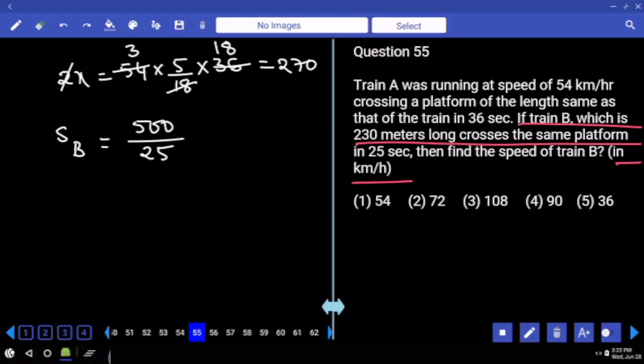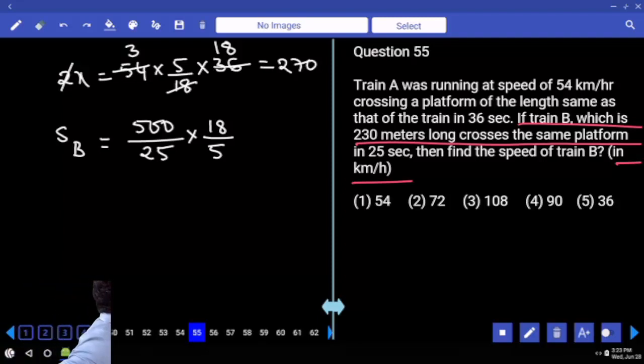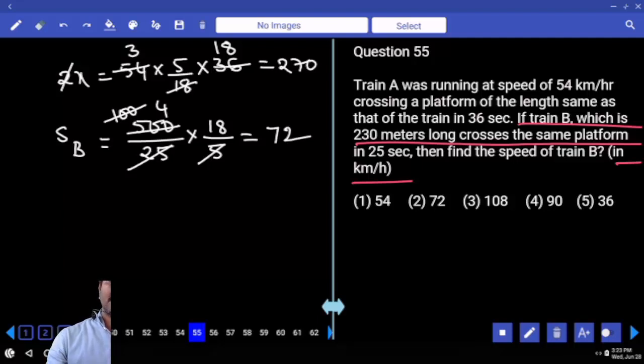Meters, in 25 seconds. That means you get speed in meter per second. You need to convert into kilometer per hour by 18 by 5. Answer must be a 9 multiple. All the options are 9 multiples. So we have to calculate. 5, 100 times. 25, 4 times. Answer: 72 kilometer per hour.